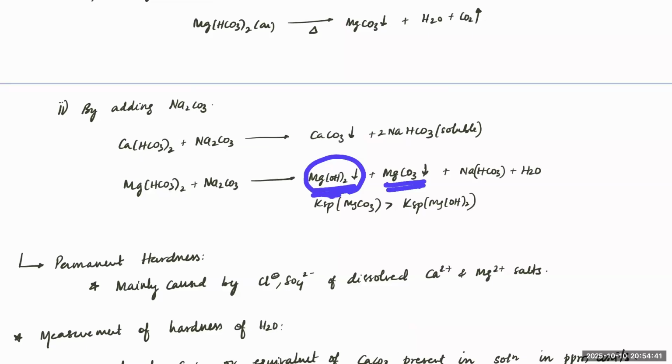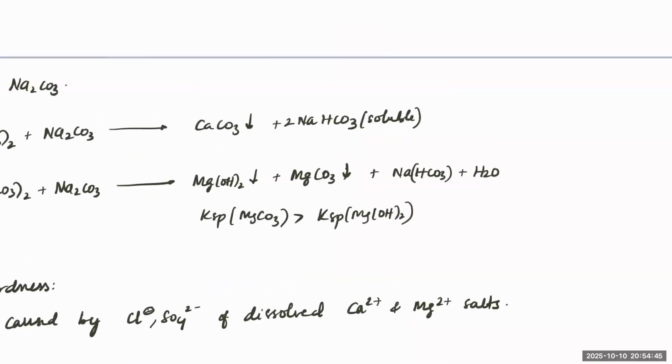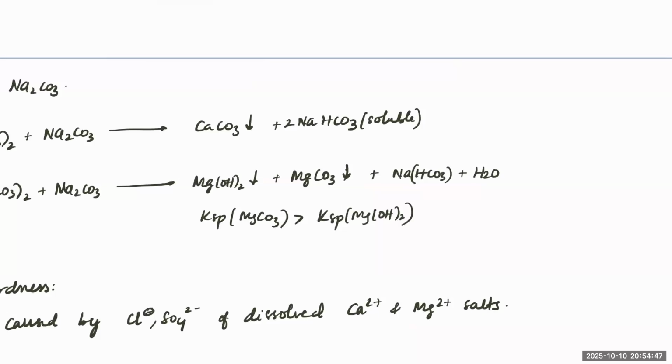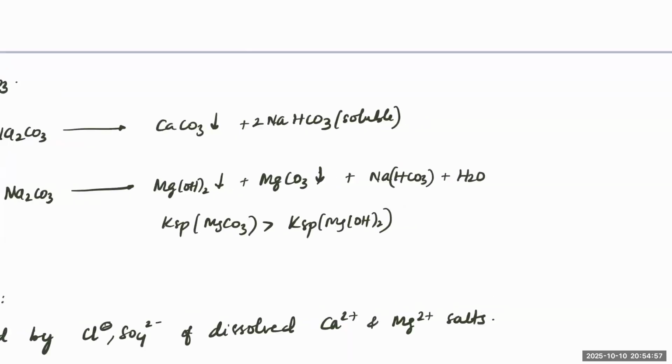The solubility of any salt is decided on the basis of its Ksp value. Ksp represents how much of a salt will get dissolved from its solid form.